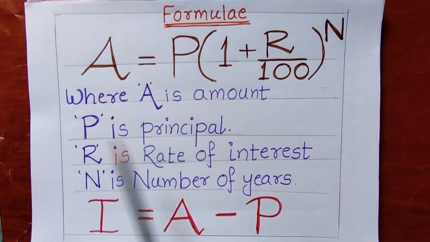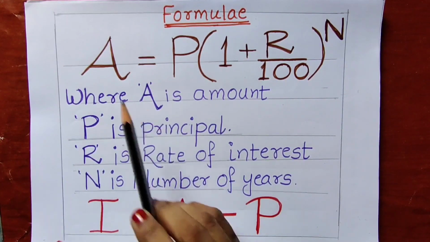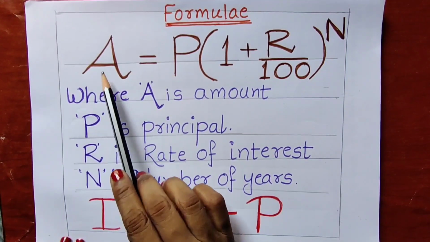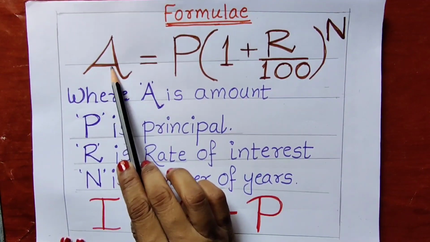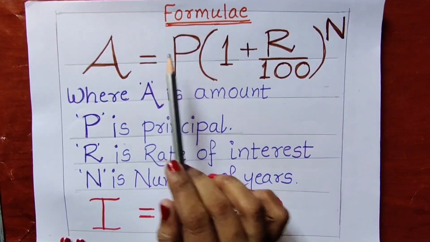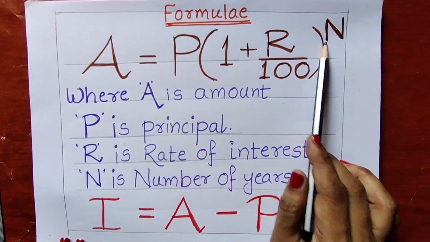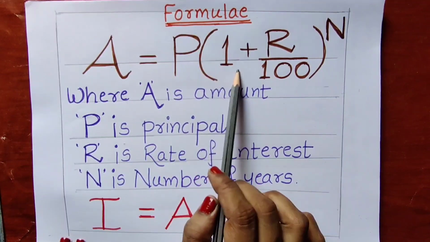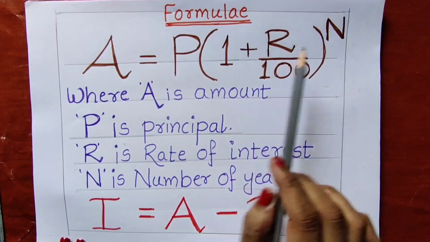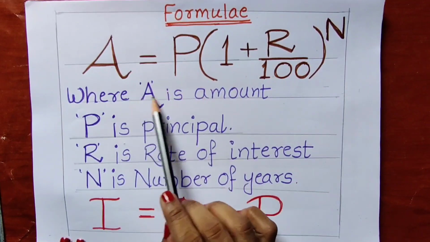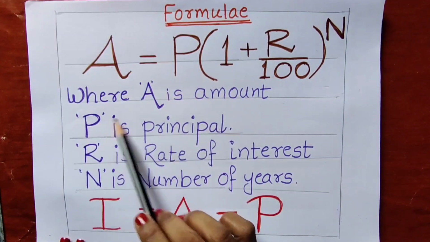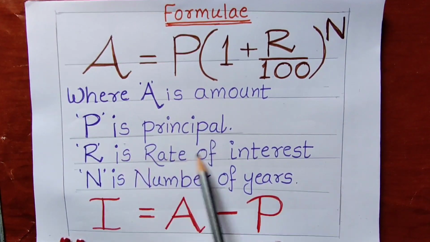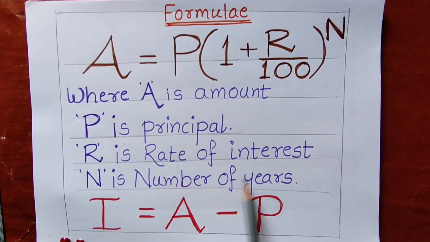These are the formulas which we will be using to calculate compound interest. First formula is the formula for amount. First we have to calculate the amount from principal, rate of interest and number of years. The amount formula is A is equal to P times bracket 1 plus R upon 100 raised to N, where A is the amount, P is principal, R is rate of interest and N is number of years.